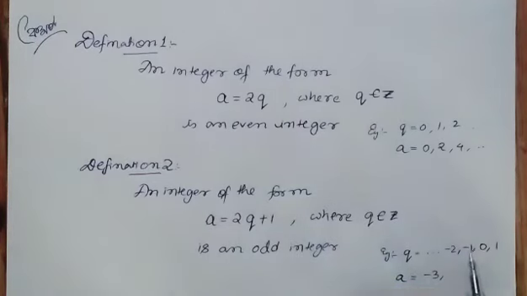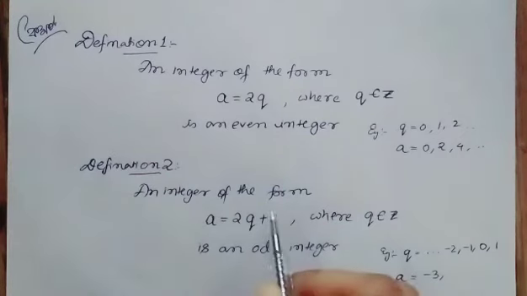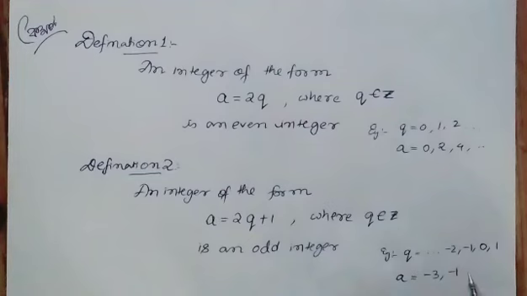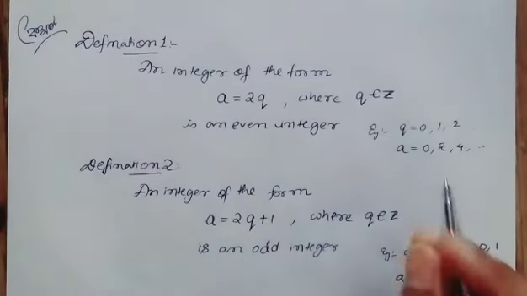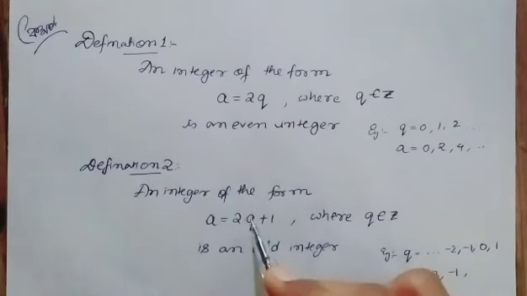Then if we substitute minus 1, 2 into minus 1 is minus 2, minus 2 plus 1 is minus 1. And if I substitute 0, 2 into 0 is 0, 0 plus 1 is 1.